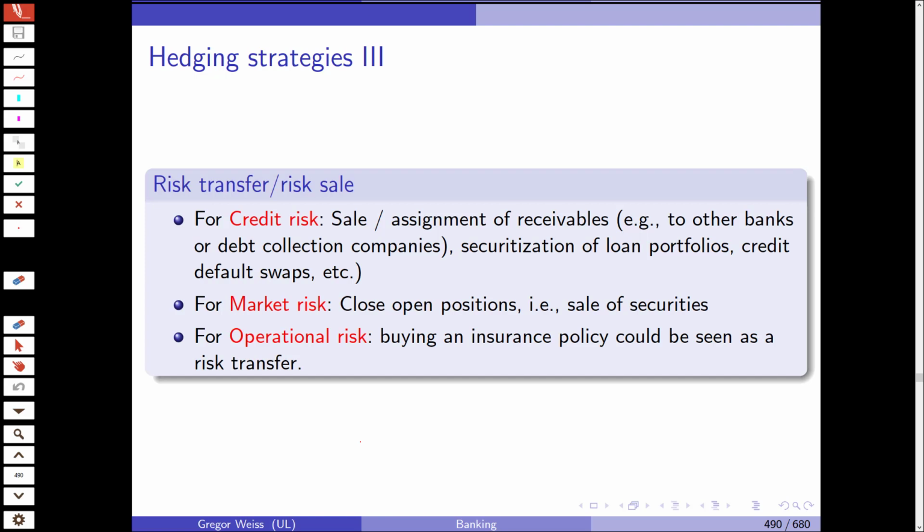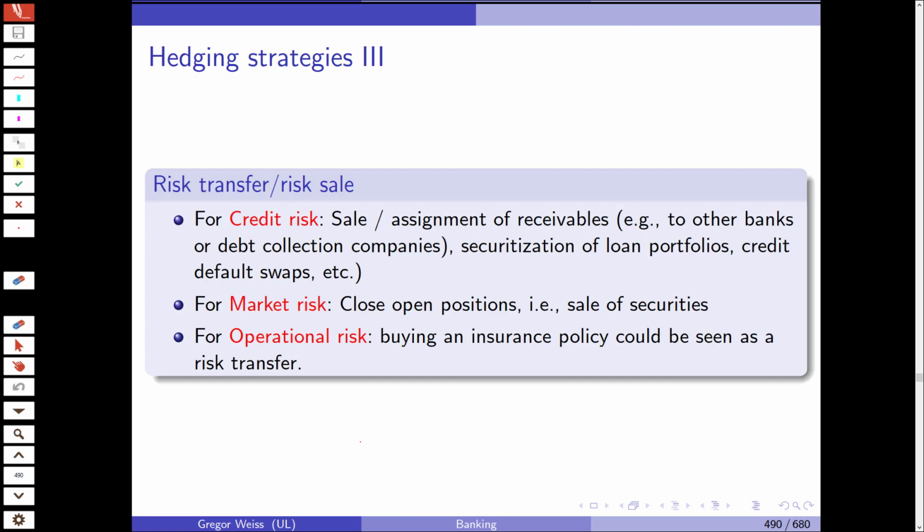Now, for credit risk, we can sell or reassign receivables. We can securitize loan portfolios or use credit default swaps, etc. So these are two possibilities. We've already seen that credit and loan securitization has some appealing features in contrast to selling receivables or loans.